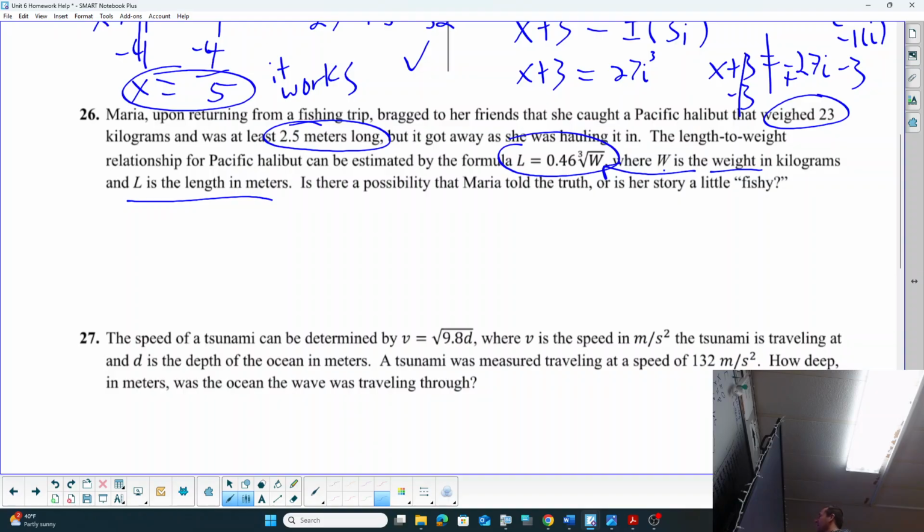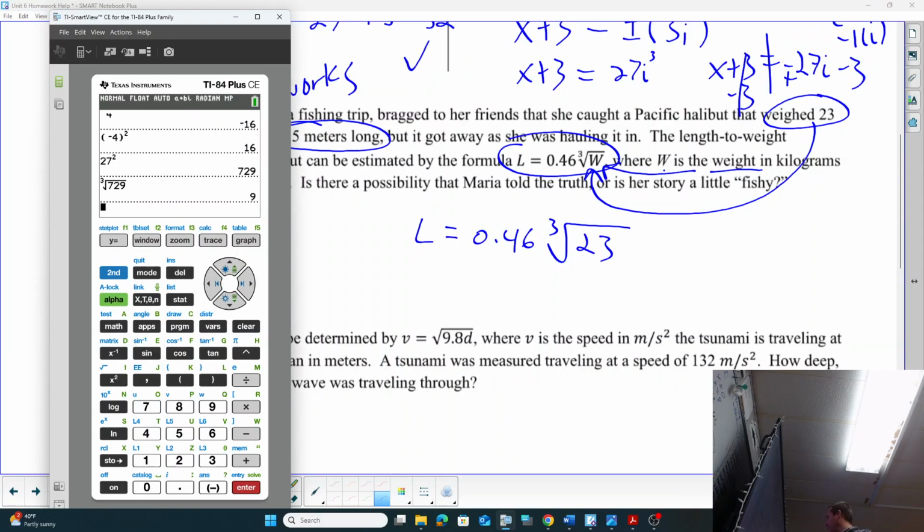Let's give it a try. So she caught something that weighed 23 kilograms and was at least 2.5 meters long. So we can choose either of those to plug in. Let's say the weight is 23. So we'll just go ahead and plug it right in there. So let's see what the length should be according to our formula. So that's the cube root of 23. So let's use our calculator there now.